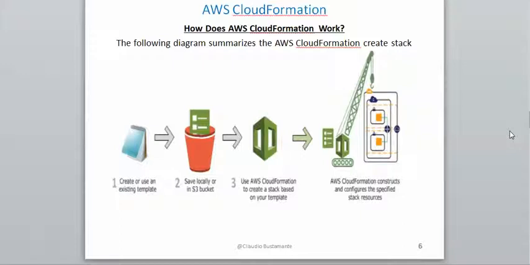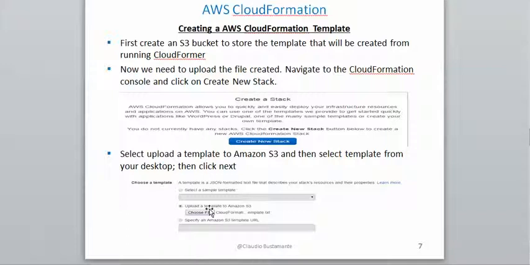So you create or have a pre-existing template. You can save the template to your S3 buckets. Then you use AWS CloudFormation to create a stack based on your template, and then you can use CloudFormation to configure all the stack resources.